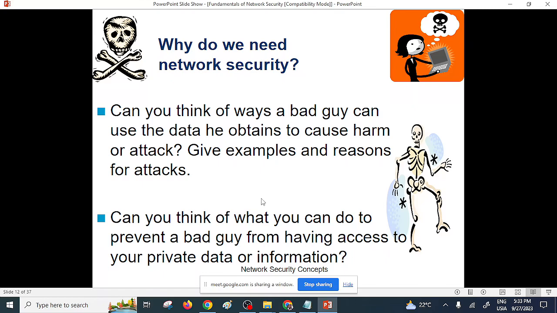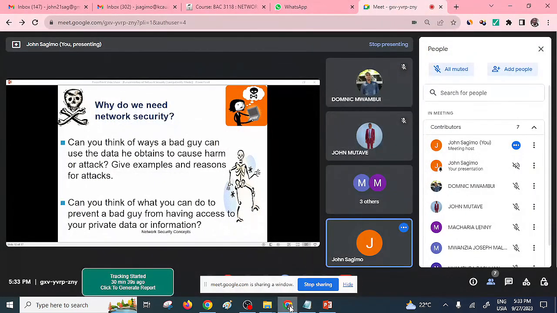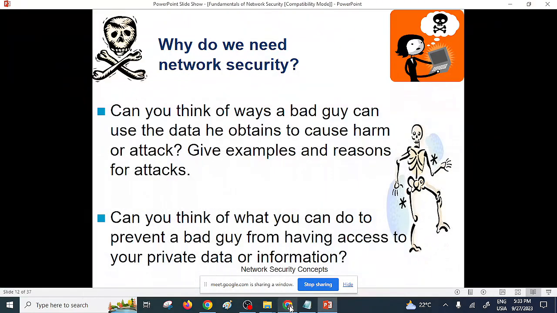Any other reason? Defamation. Yeah. Ideally, we are going to see at the tail end of this discussion why they do that, right? Yeah. Some for defamation and so on.